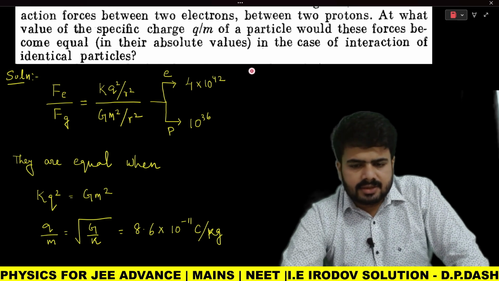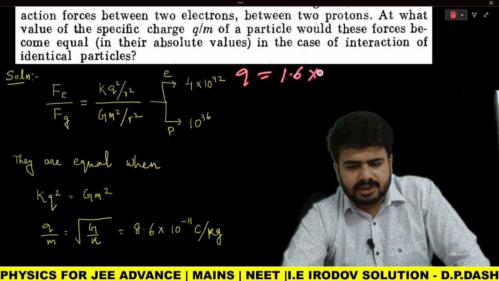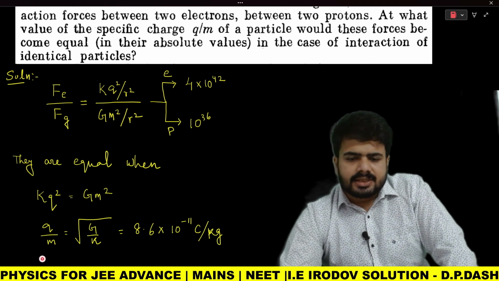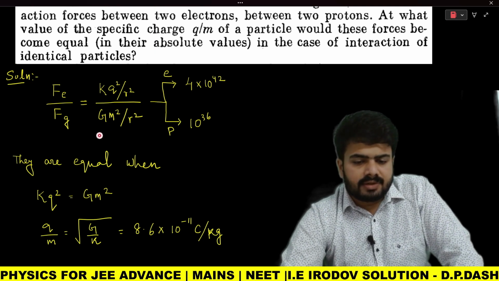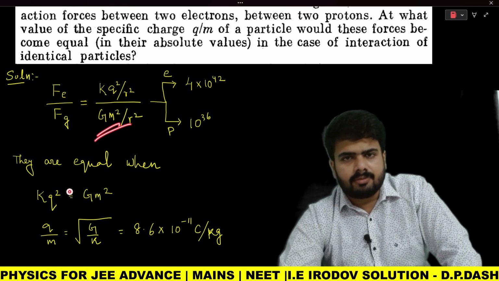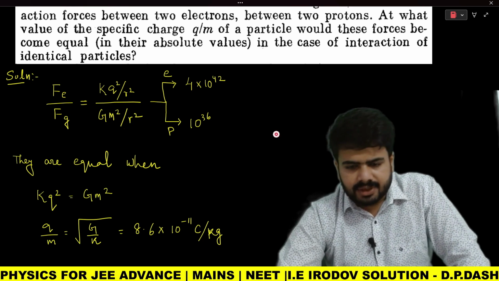The charge of the electron, we know, has magnitude 1.6 into 10 to the power minus 19 coulomb. Similarly for the proton the charge magnitude is the same, but the mass is different for the electron and for the proton.